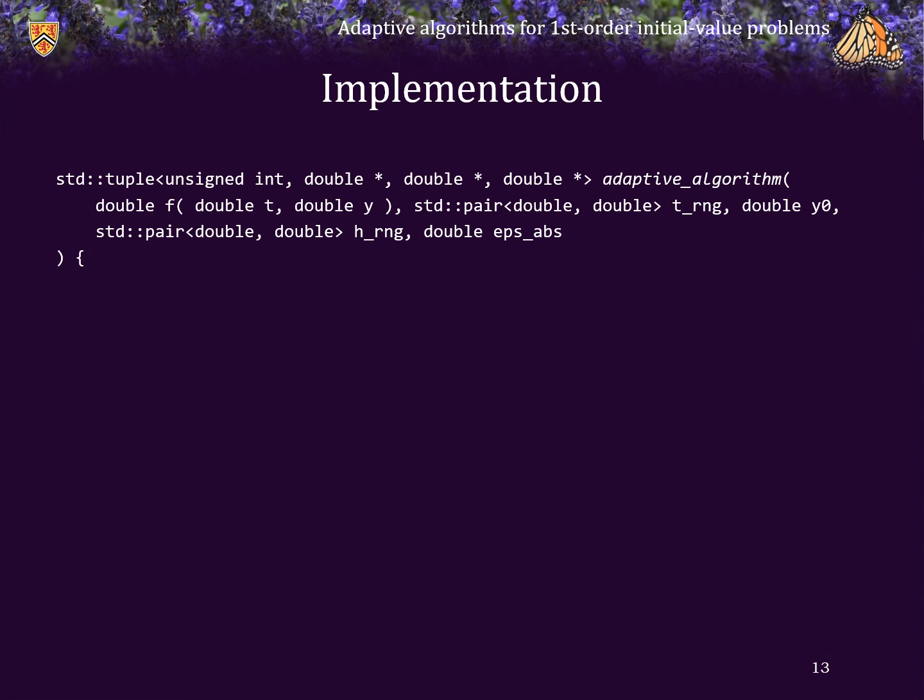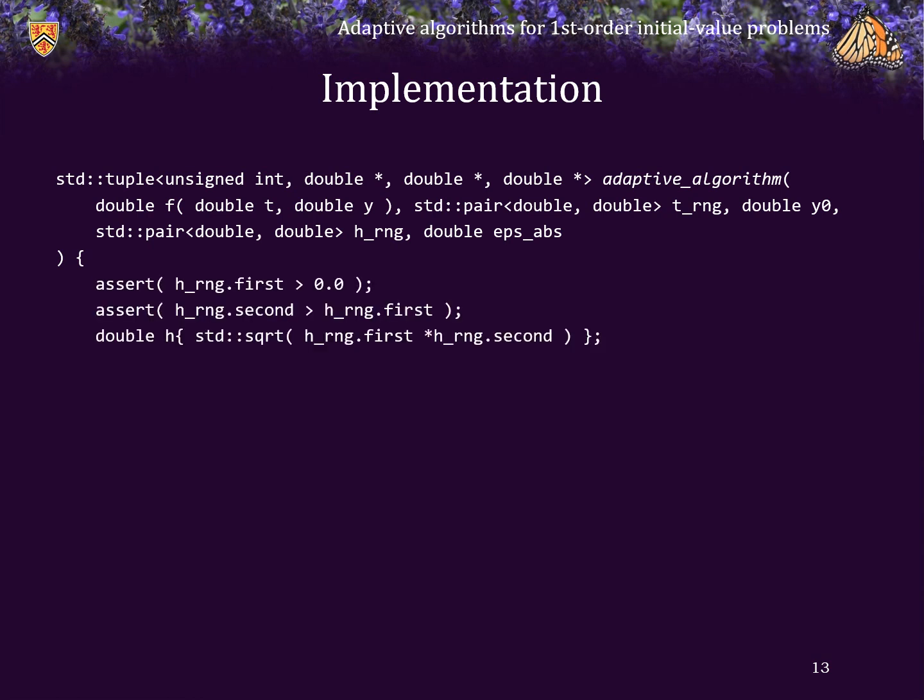The arguments are the function that defines the right-hand side of the ordinary differential equation, a pair of values being the initial t-value and the final t-value, the initial y-value, the minimum and maximum h values, and the acceptable absolute error per unit time.